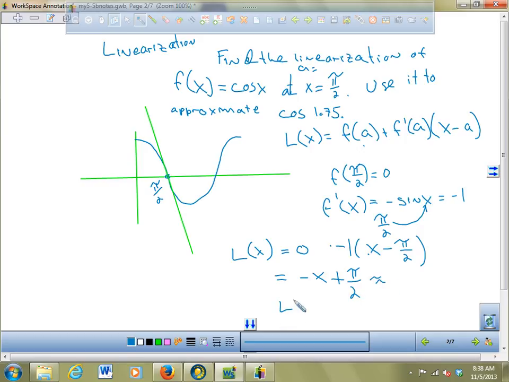Okay, so L of 1.75 is going to be equal to negative 1.75 plus pi over 2.